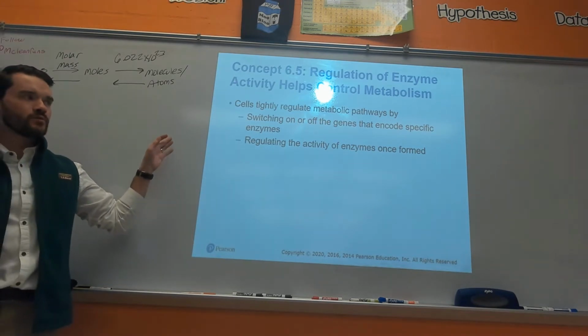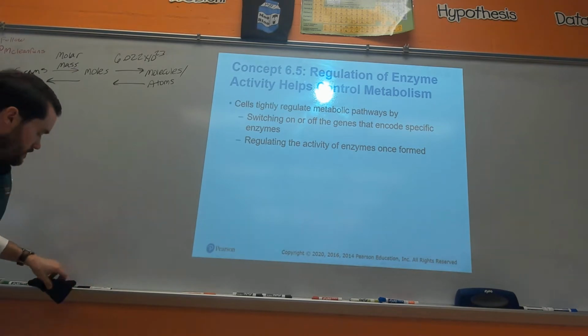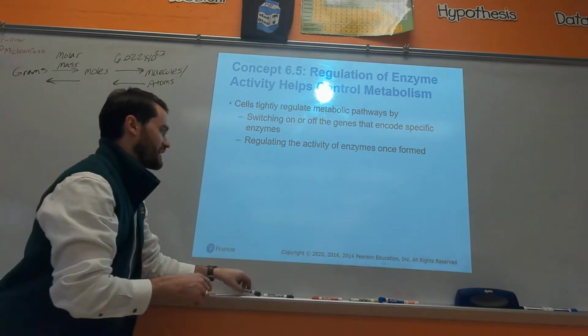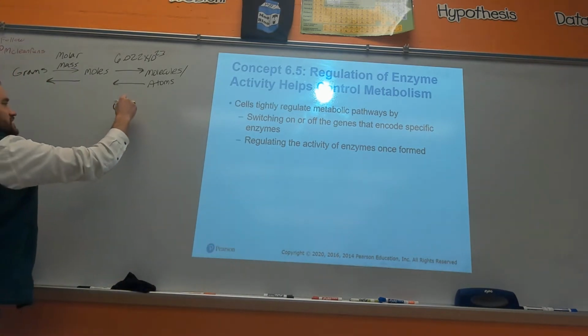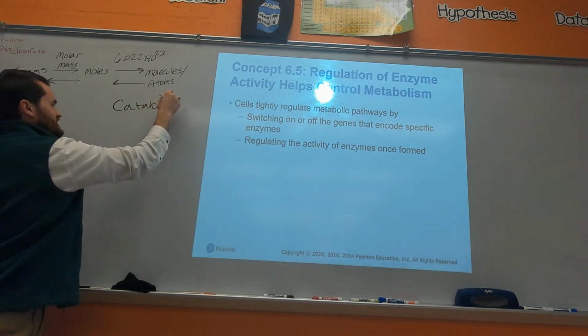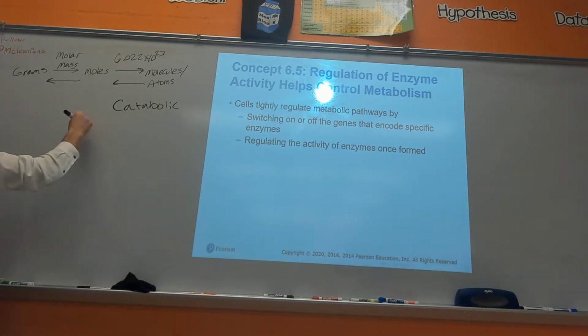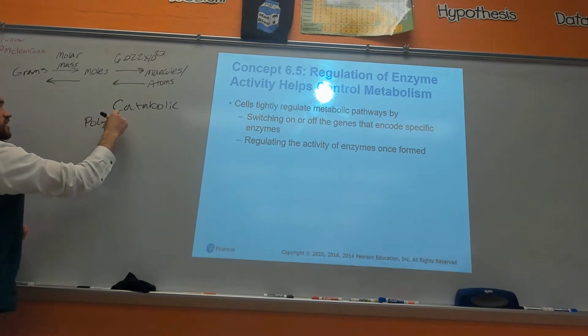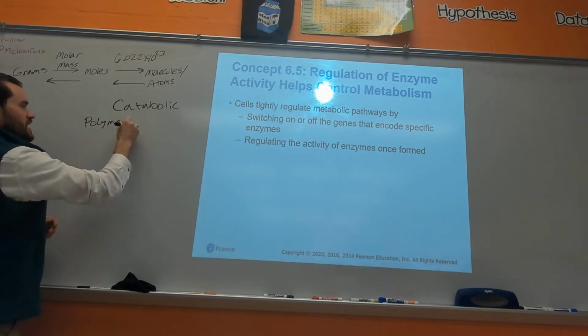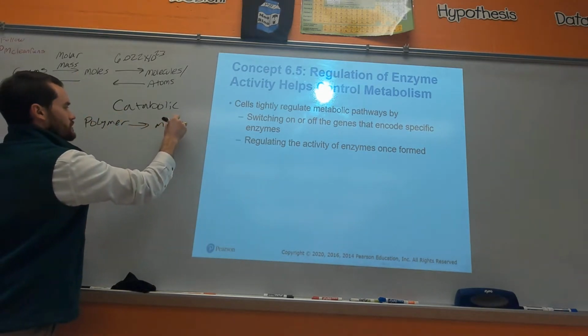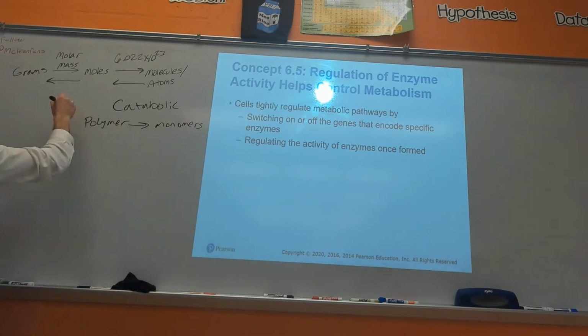There are times when maybe we want to do more catabolic reactions, maybe we want to do a little more catabolism. We want to take more of your polymers, like right now, a lot of you just had lunch. You want to do catabolism, take your polymers, break them into monomers. Or maybe you want to do anabolism.